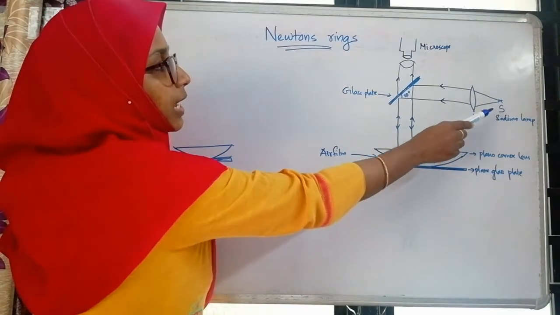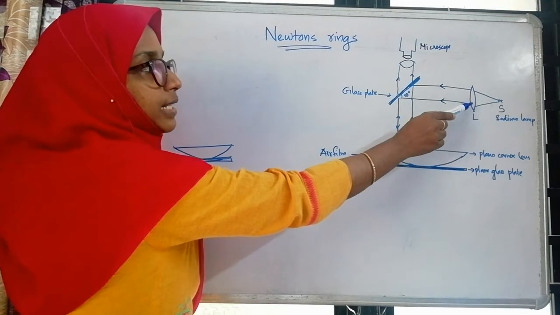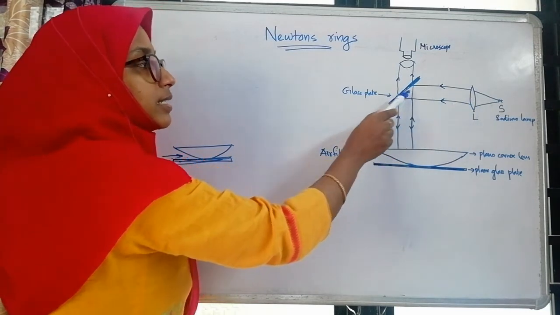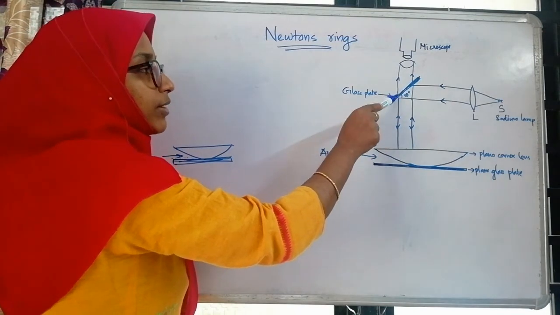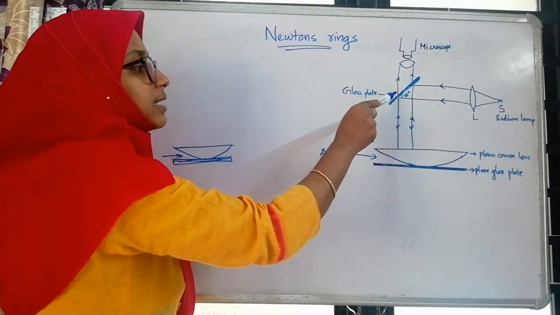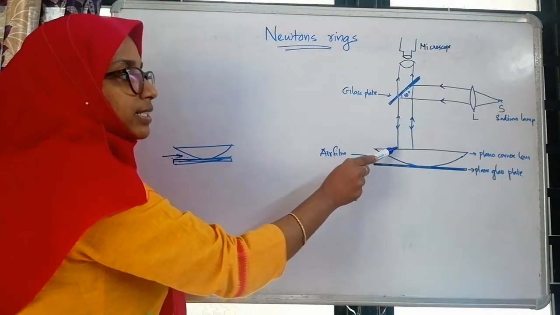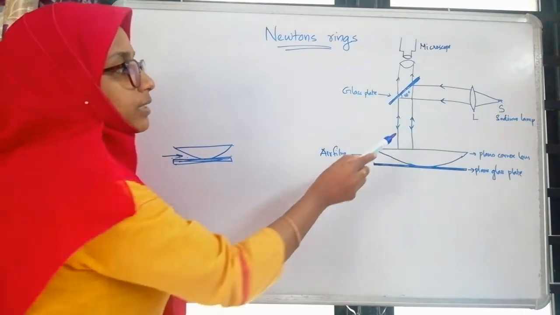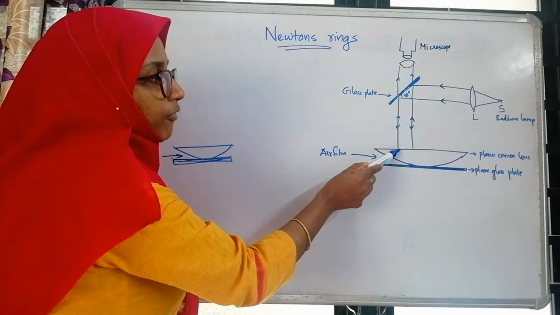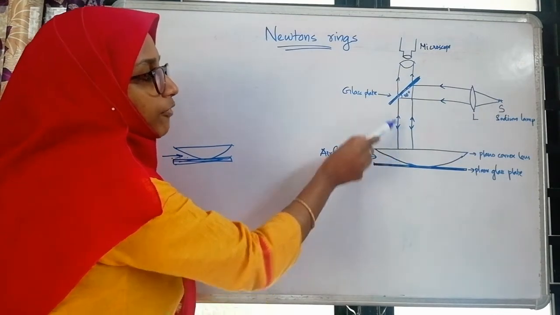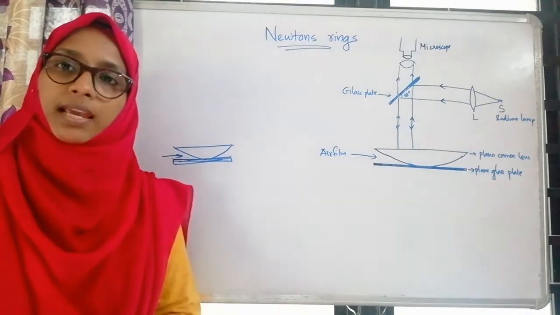So the light from the monochromatic source is coming through the lens arranged here, and it is incident on this glass plate, which is at the 45 degree inclination. After this glass plate, the light is incident on the upper position of the plano convex lens. When the light passes through this air film, the light will be reflected from the upper surface and the lower surface of the air film, as we have already discussed in the case of a plain film.